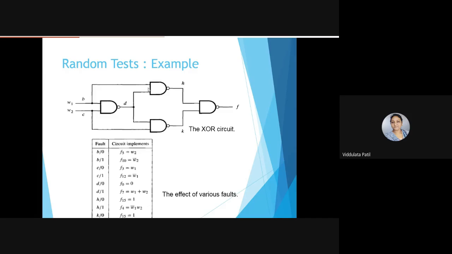It is applied at one terminal of the NAND gate. Here it is 1. 0 1 is the input to the NAND gate. So what will be the output? Sorry ma'am, 0 0. If the input is 0 0, then the output will be 1.